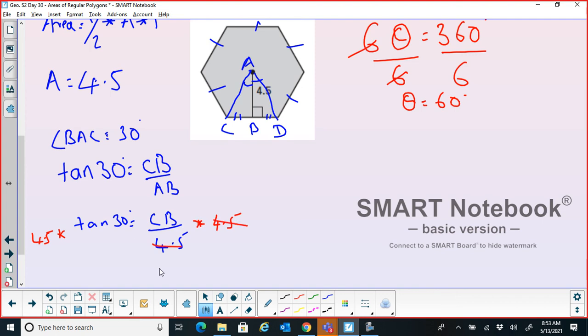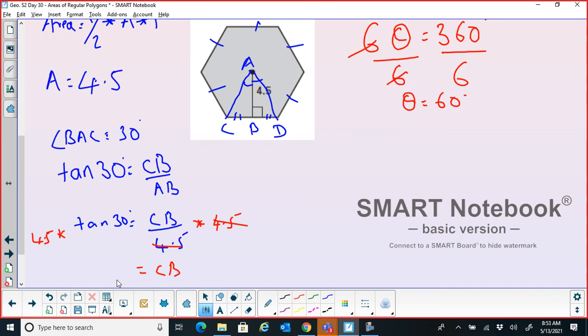So I'll get CB as 4.5 times tan 30 degrees. You should have your calculator and make sure the mode is in degrees, and then perform this operation, 4.5 times tan 30 degrees, which will give us 2.598.